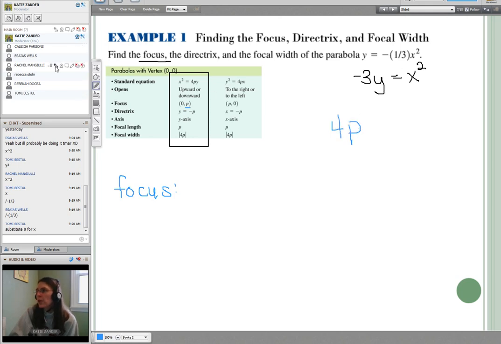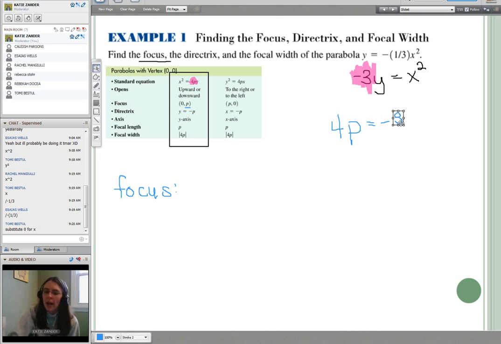I wouldn't substitute 0 for x. Instead, what I would do is take this 4 times p right here in our equation and set that equal to whatever the constant is in front of the y in the equation we have. So I would do 4p equals a negative 3.